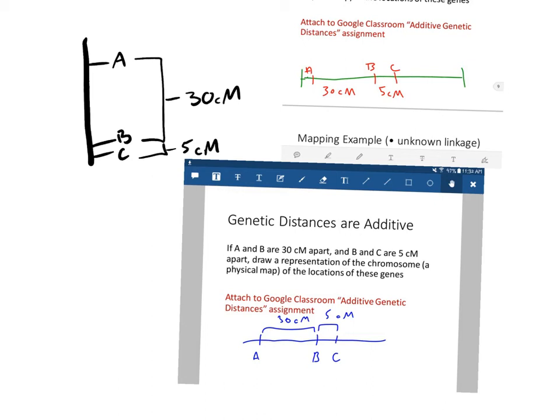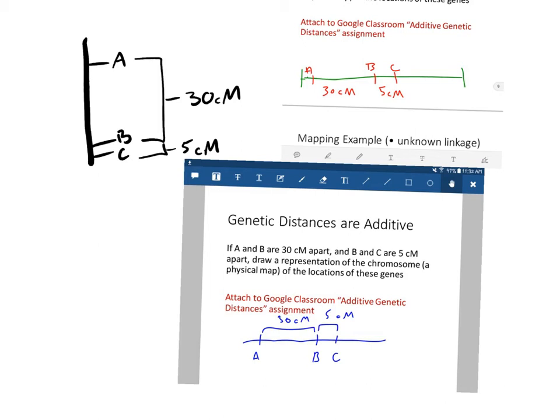So do these all satisfy the criteria? A and B are 30 centimorgans apart. B and C are 5 centimorgans apart. So you could have the order A, B, C with those distances between those genes. Oh, that's what, by chance, all 3 of these answers look the same. Did anybody do anything different?